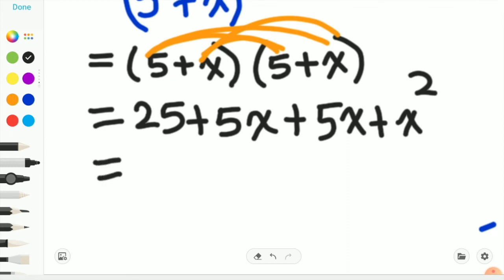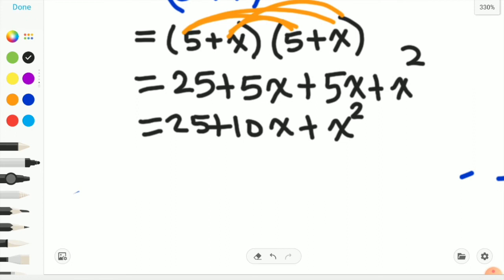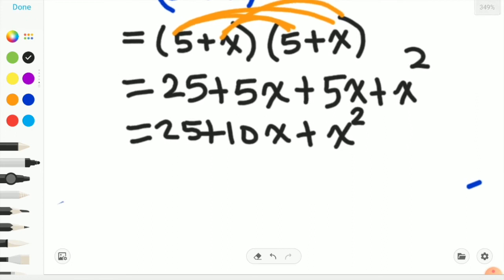Now we're going to collect our like terms. So 25 plus 10x plus x squared.